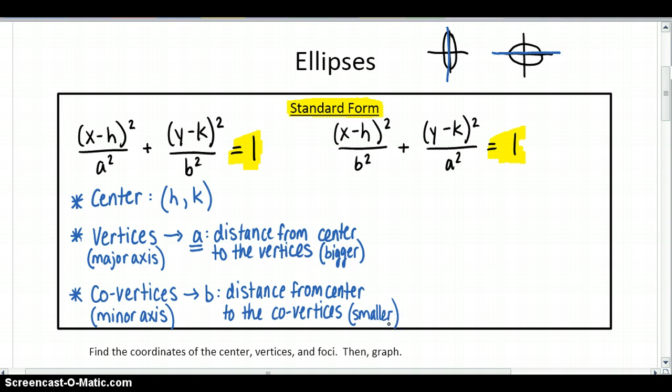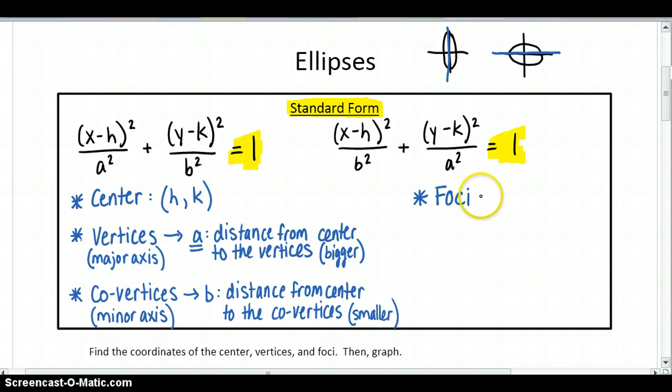Now there's one extra piece that's really important with an ellipse that we didn't see with the circle, and those are called the foci. Foci is plural for focus point. An ellipse has 2 focus points, and it's extremely important because that's what makes it an ellipse. It has to do with those focal points.